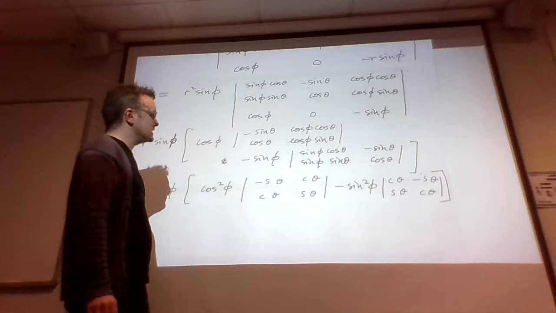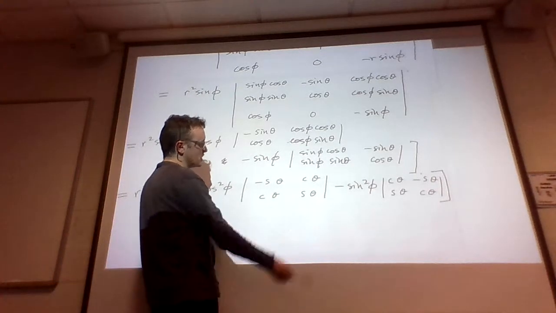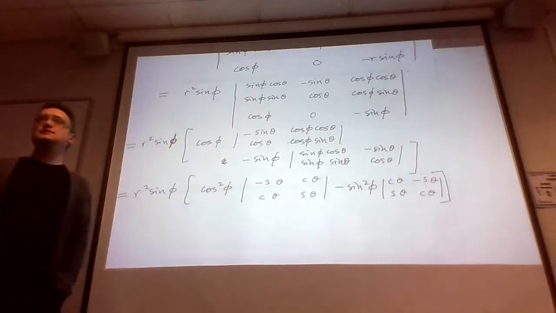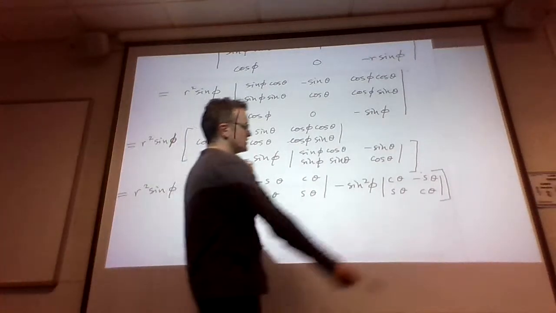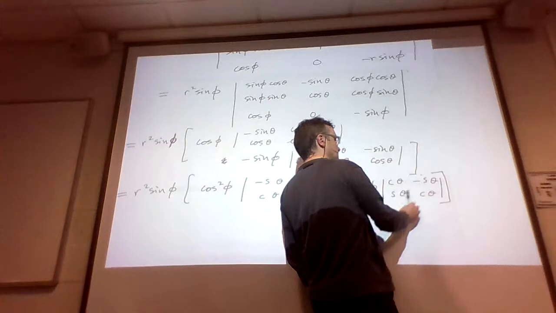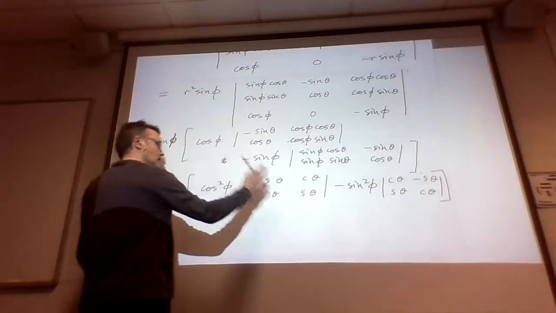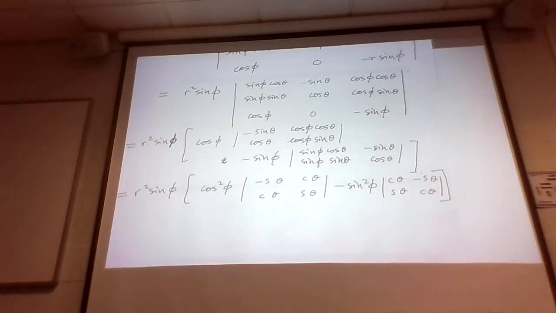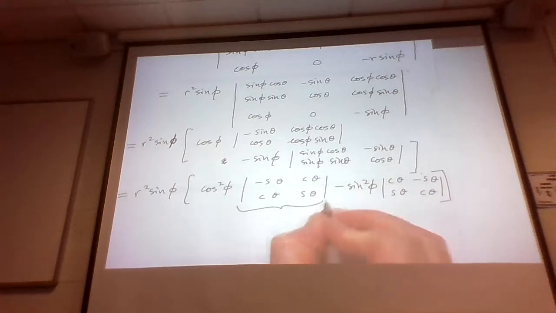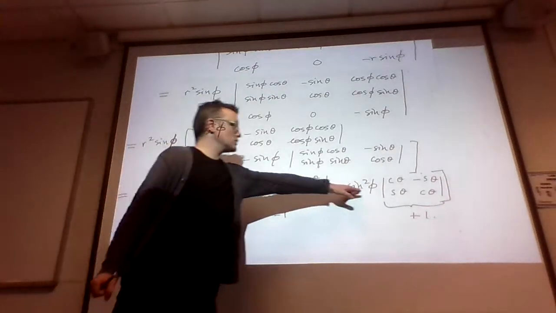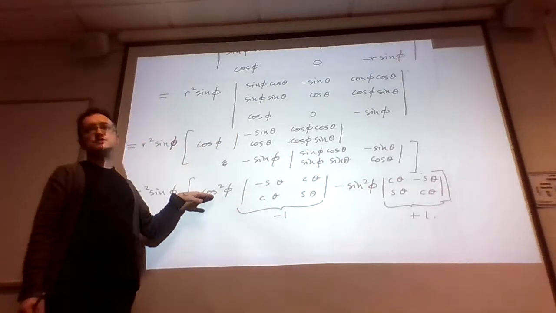So I'm just writing C's and S's for sine and cosine. But that's nice because when you do these 2 by 2 determinants, we get minus sine squared minus cosine squared, which is minus 1. We do this one, cosine squared minus sine squared is plus 1. So you get a minus 1 from here, plus 1 from that one. So we got minus sine squared phi minus cosine squared phi.